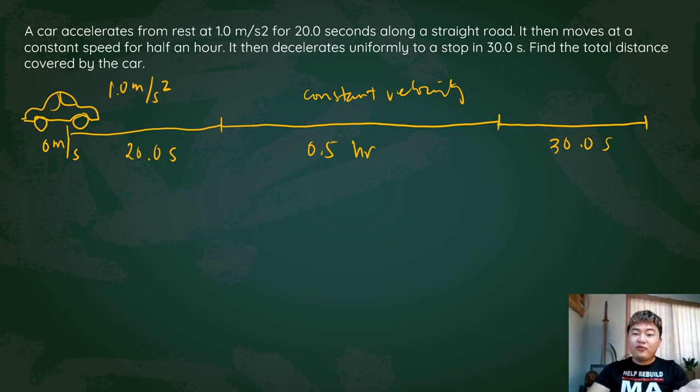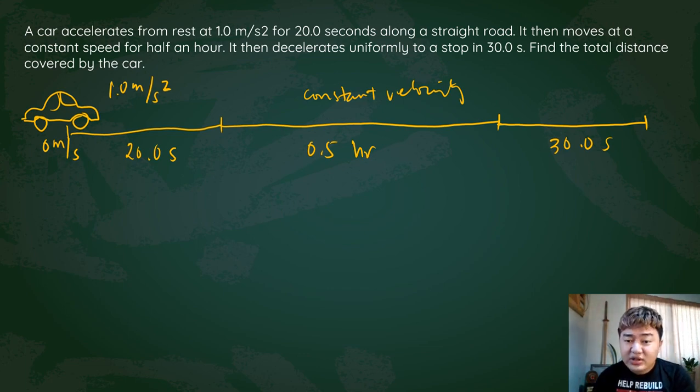So we need to solve for the total distance covered by the car. Looking into the motion of the car, you can actually have three stages. One, it accelerates. Two, it maintains a constant velocity, which means the acceleration is zero.